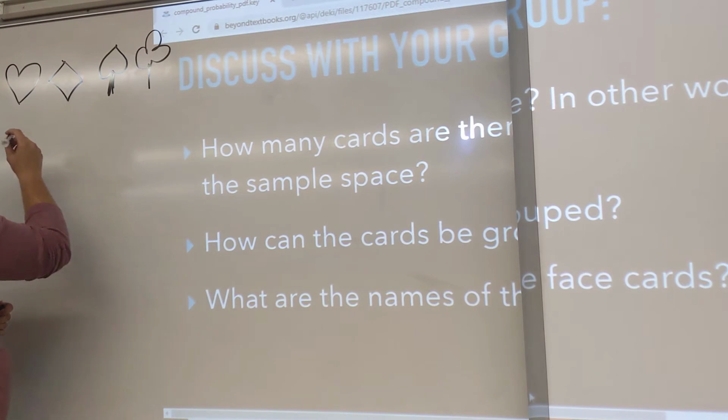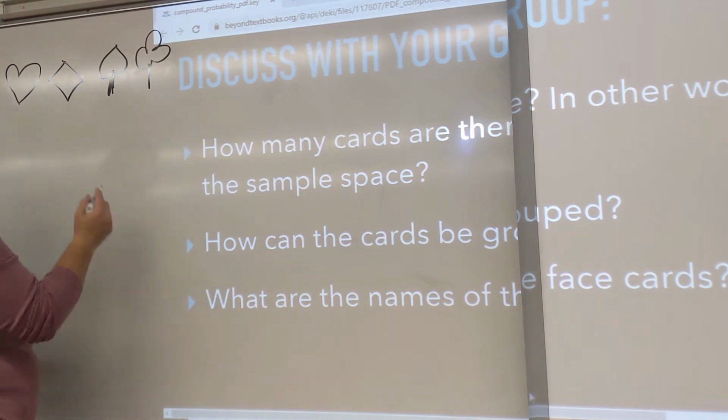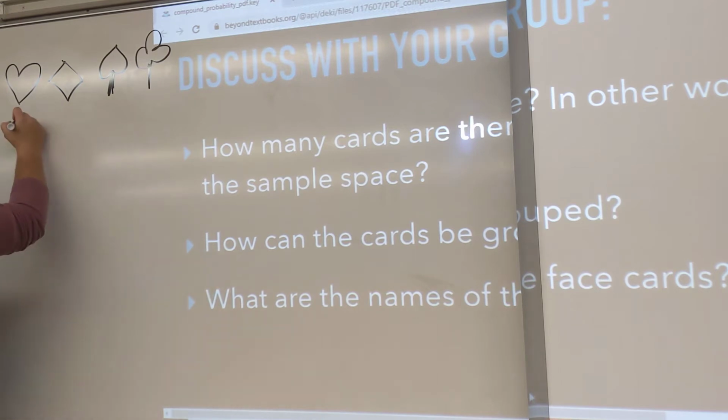Each of these are called suits. In each of these, we have numbers, right? We start on 1, 2, 3, 4, 5, 6, 7, 8, 9, 10, and then we go to a jack, a queen, a king, and an ace. Way down here at the bottom.